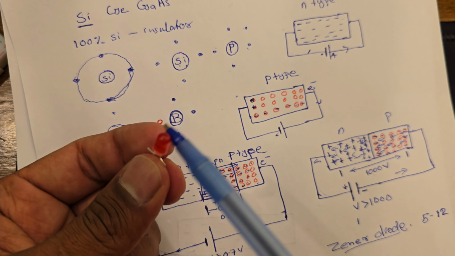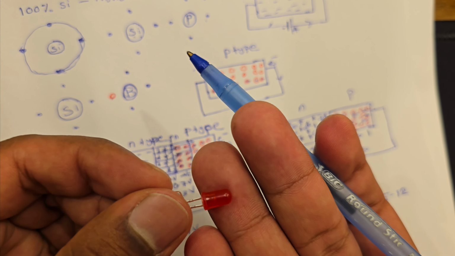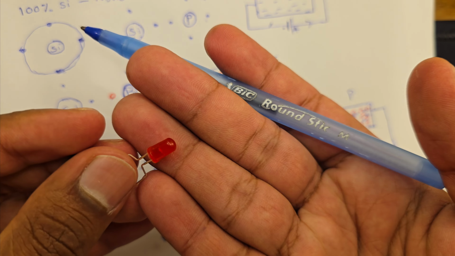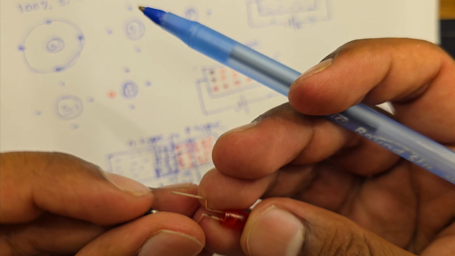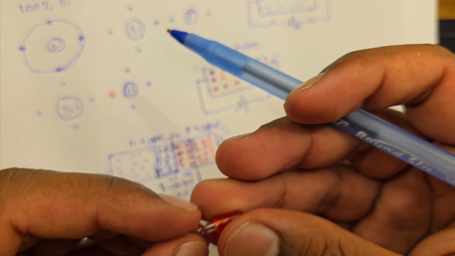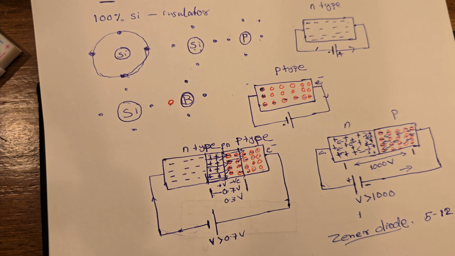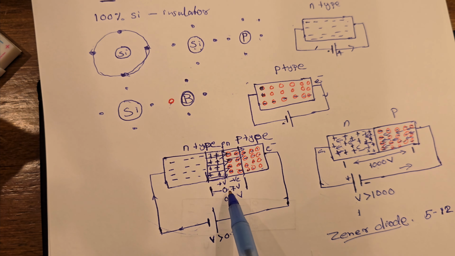But in the case of an LED, which is also a diode, the energy is dissipated as light. That's the difference.